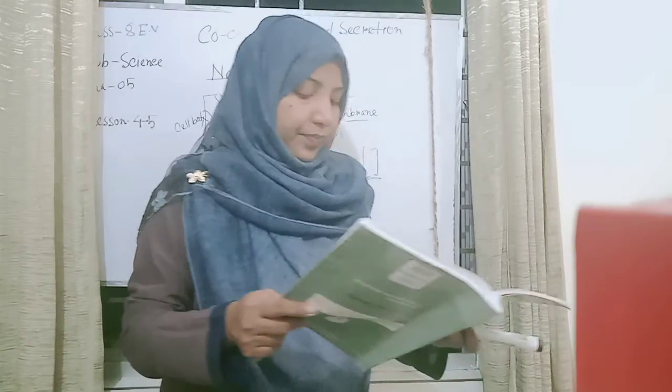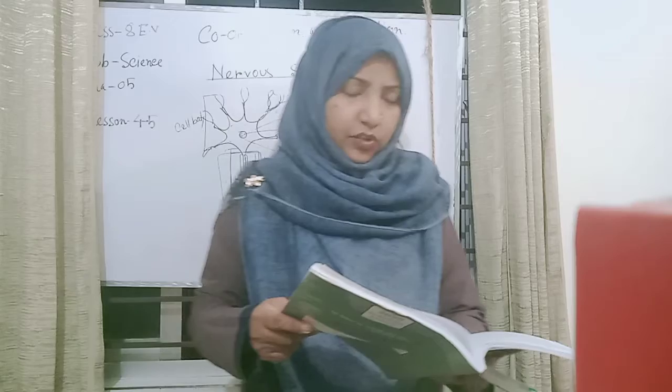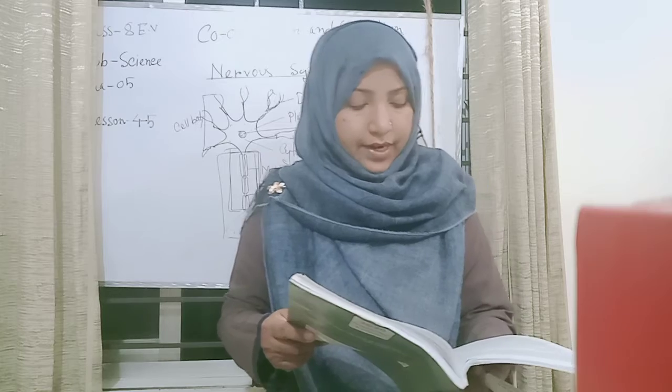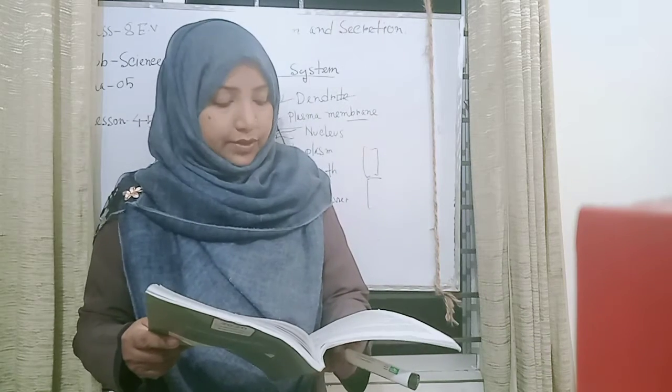The branch structures originating around the cell body are termed dendrons. They are small, relatively wide and break up into fine terminal branches called dendrites. They conduct impulses towards the cell body.